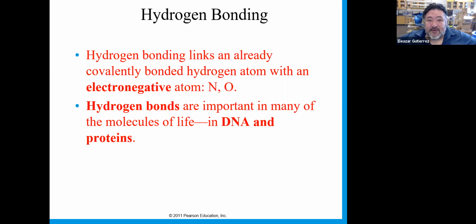Some of it has to do with opposite charges. Some of it has to do with partial opposite charges. But if these were not in the right place, then these amino acids would not fold into proteins correctly, and DNA would not fold correctly. Okay, so hydrogen bonds are an important precursor to the proper function of DNA and proteins.